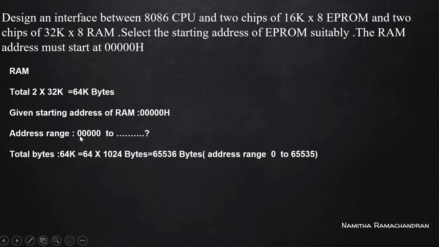But the address is starting from 0, and we are given this many bytes in our RAM space, so the address range is 0 to 65535, total 65536 bytes. Now we want to find the last byte address in hexadecimal form.